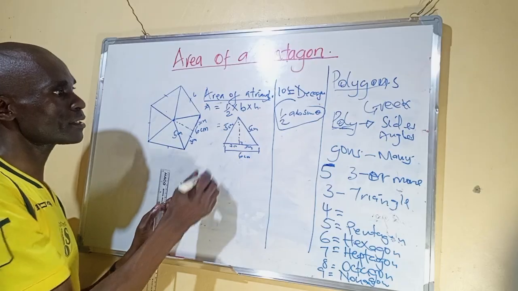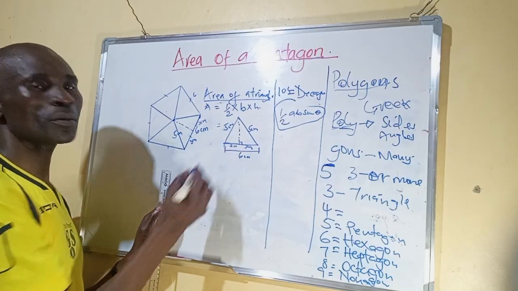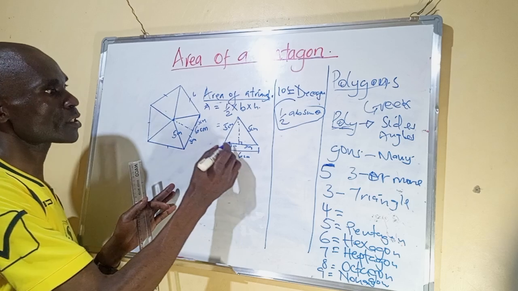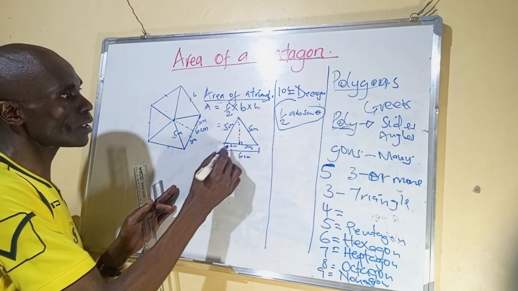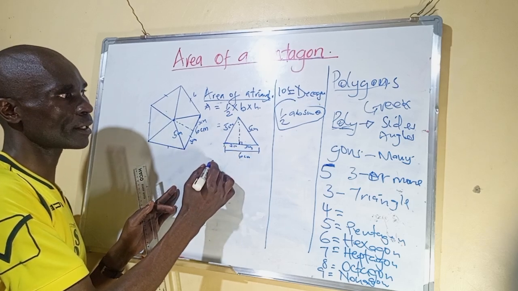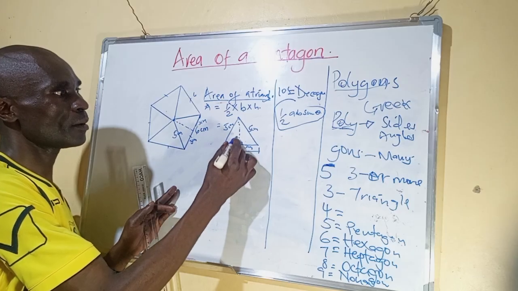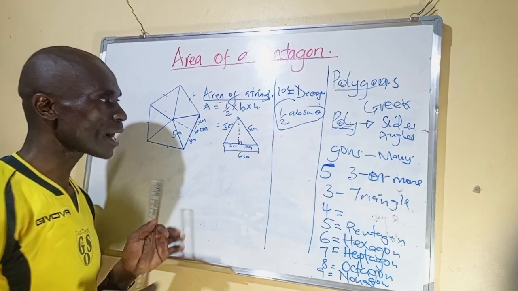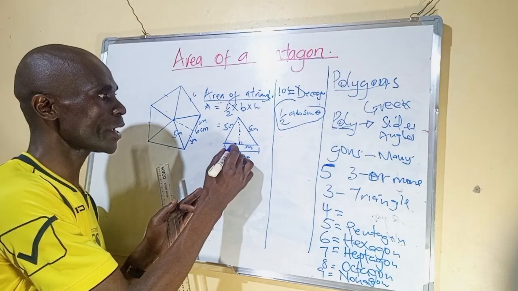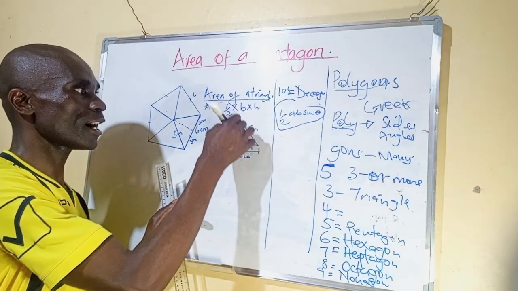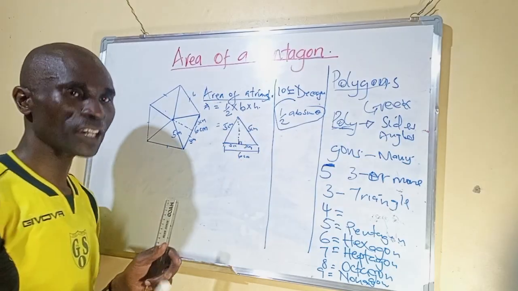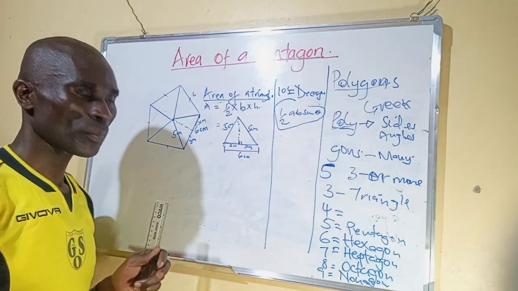How do we get the height? The height will be found just by using the Pythagoras theorem formula. We shall say, this squared added to this squared will give us the hypotenuse. The base squared added to the square of the height will give us the hypotenuse.